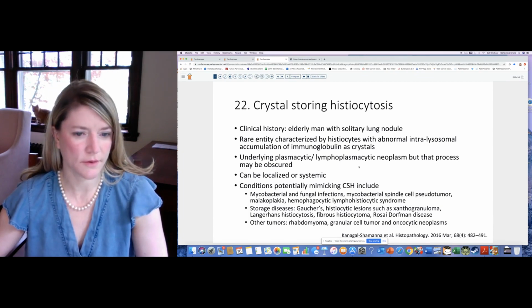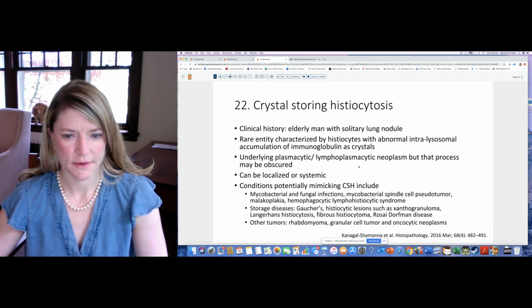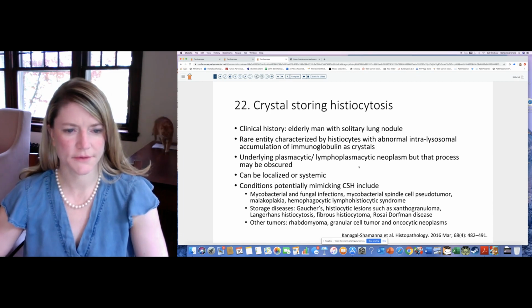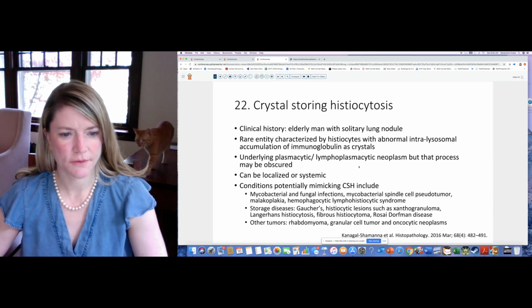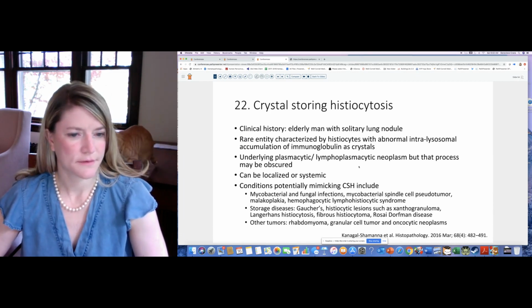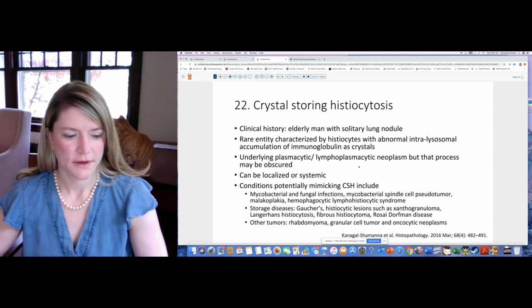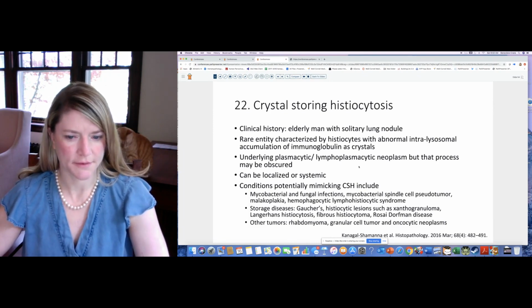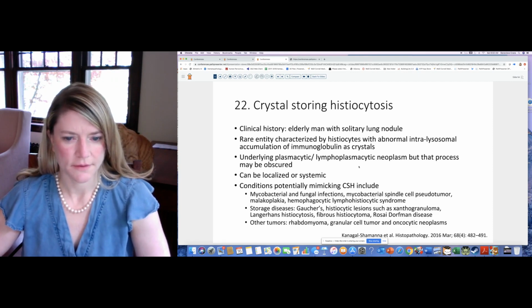And it may be either localized or systemic. But it's important to exclude other potential conditions that could mimic crystal-storing histiocytosis, such as infectious complications that may have histiocytes with abnormal material in them, such as mycobacterial fungal infections, malakoplakia, or even hematophagocytic lymphohistiocytosis.